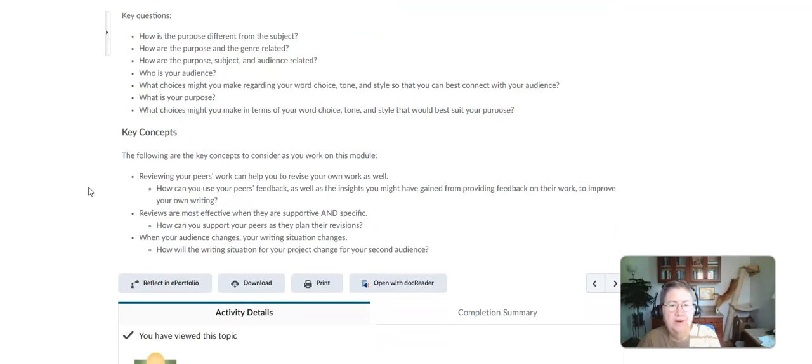And then key concepts we've already talked about, that in giving and receiving feedback you benefit doubly. When your audience changes, your writing situation changes. So you'll need to be thinking about how the situation is different because of the second audience.